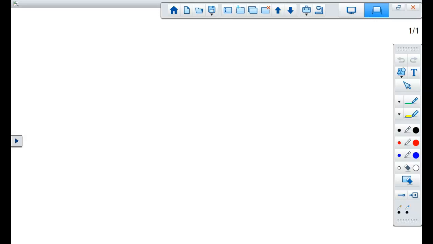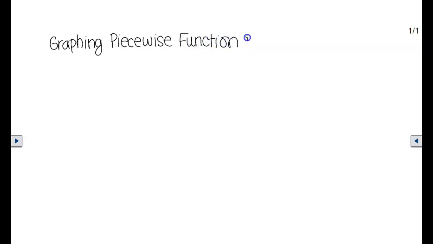Now, what we are going to do today is take those same piecewise functions and we are going to be graphing. So today our focus is going to be on graphing these piecewise functions.